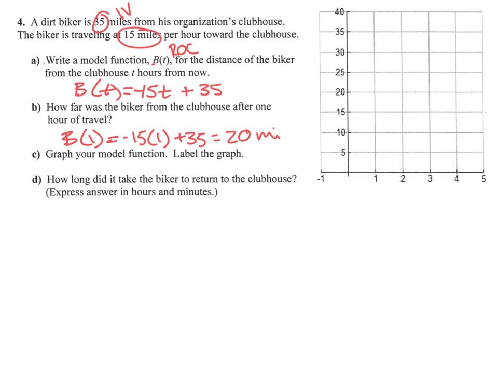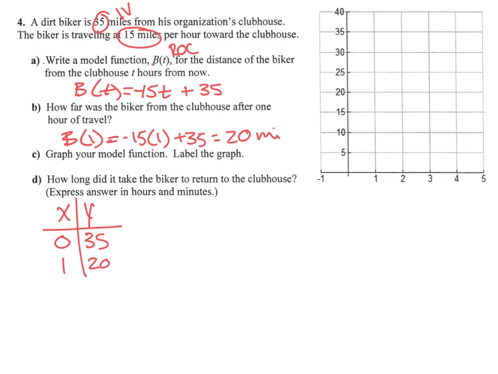Okay, now graph your function. Okay, so make an XY table. So at 0, he's 35 miles. At 1, he's 20.